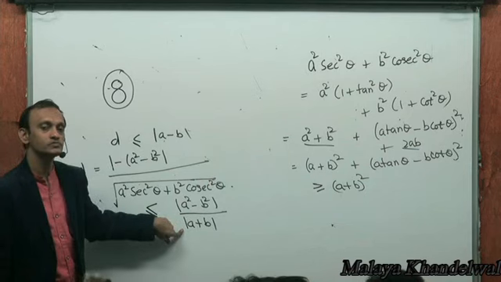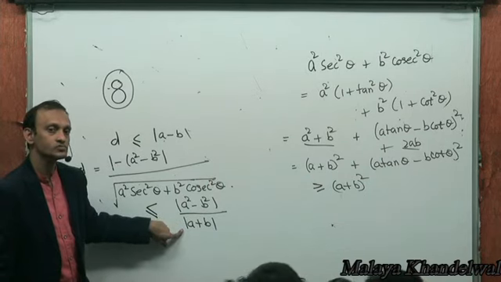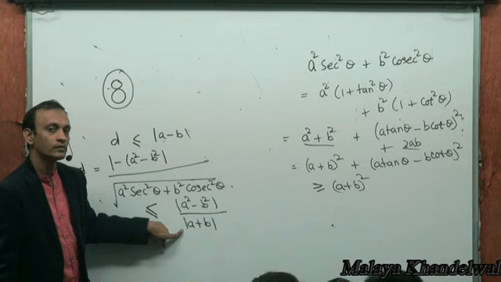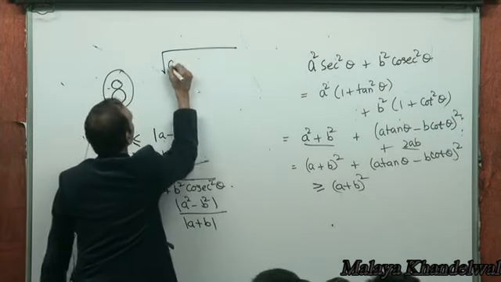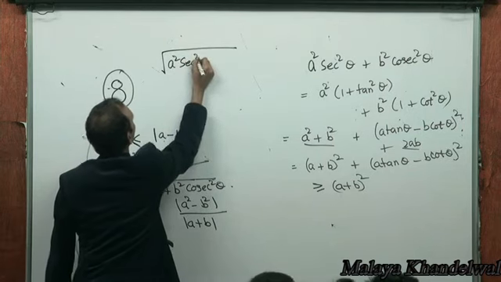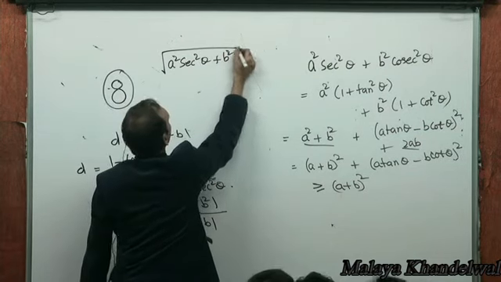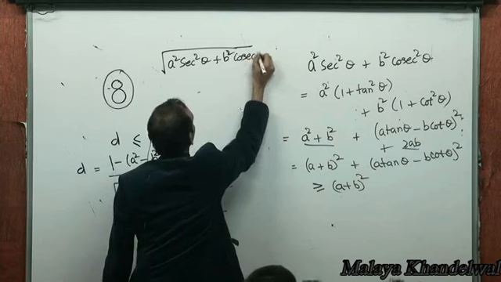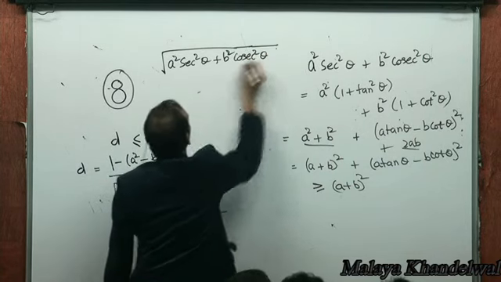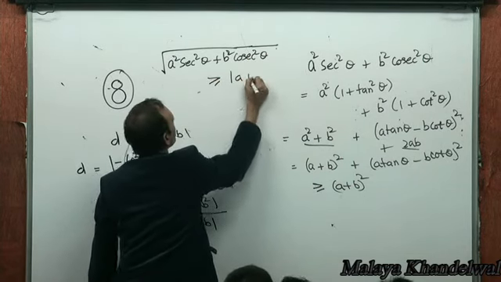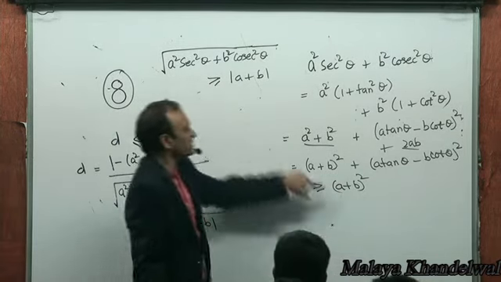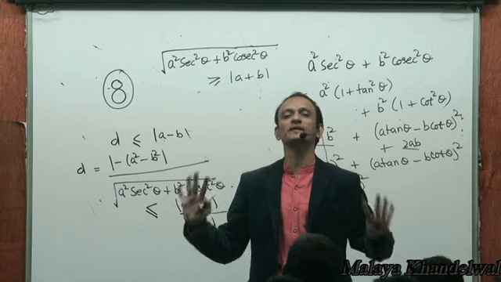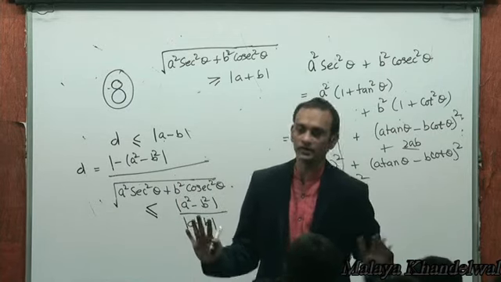Which part? Okay. See, root of a square sec square theta plus b square cosec square theta will always be greater than or equal to mod of a plus b. Yes or no? If x square is greater than y square, mod x must be greater than or equal to y. That's the whole thing, right?